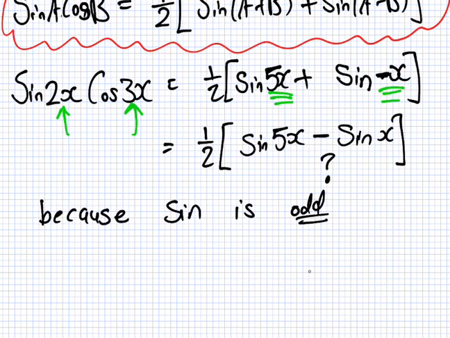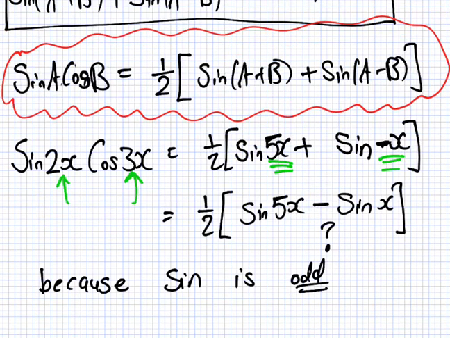Where do you think such a formula would be useful? A formula that lets you change a multiplication into addition, for what type of problems? Any ideas? Well, if I ask you to integrate this, what rule would you need if it's a multiplication?